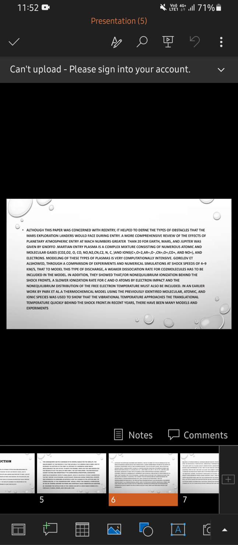A more comprehensive review of the effect of planetary atmosphere entry at Mach number greater than 20 for Earth, Mars, and Jupiter was given by Gnoffo. Martian entry plasma is a complex mixture constituting numerous atomic and molecular gases: CO2, O2, O, CO, NO, N2, CN, C2, NC, and ions C+, O2+, Ar+, O-, CN+, O+, CO+, and NO+, and electrons.